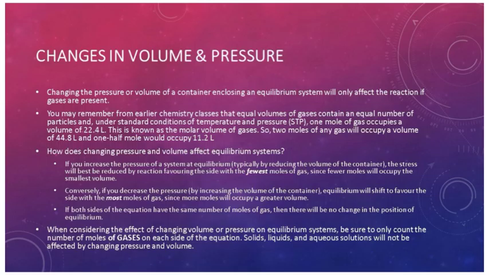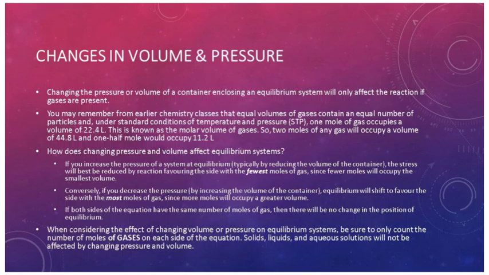If you increase the pressure of a system at equilibrium, typically by reducing the volume of the contents, the stress will best be reduced by the reaction favoring the side with the fewest moles of gas, since fewer moles will occupy the smallest volume. Conversely, if you decrease the pressure by increasing the volume of the container, equilibrium will shift to favor the side with the most moles of gas, since more moles will occupy a greater volume.